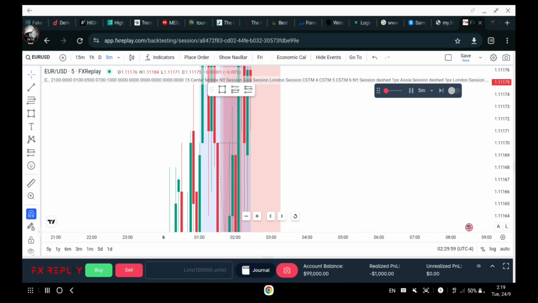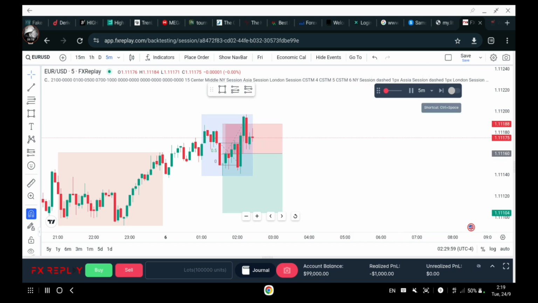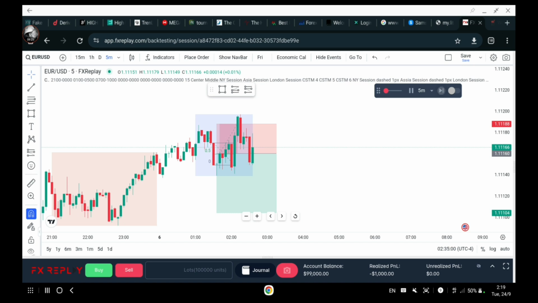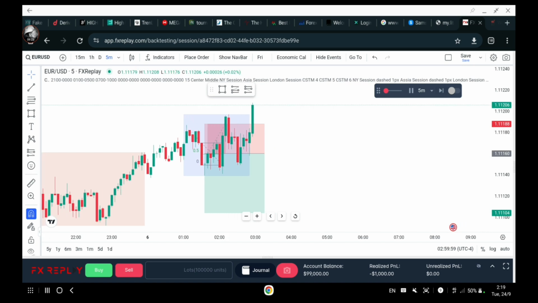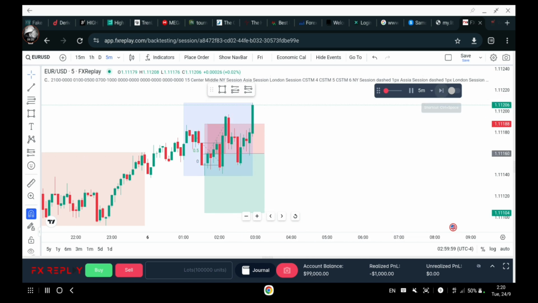So I will not take the trade. I need price to actually invert these levels. You clearly see it then hit the SL. We need a body close below such that we can say it's a valid setup.